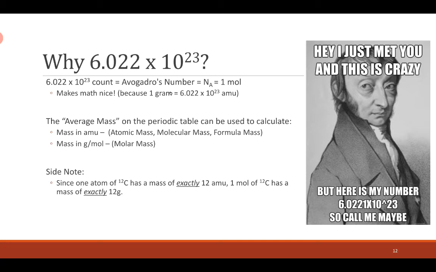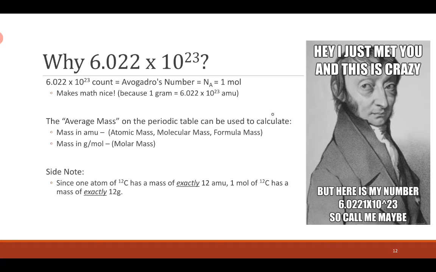And so this number just made math nice and pretty, and then we don't have to deal with some really ugly counts of things later on. So it just makes math easy.